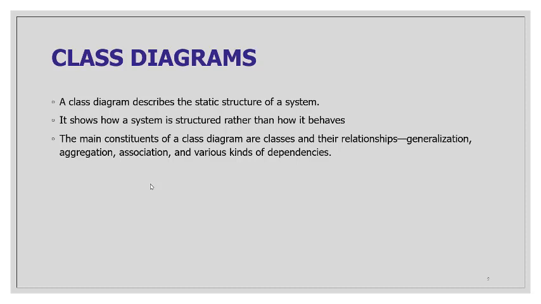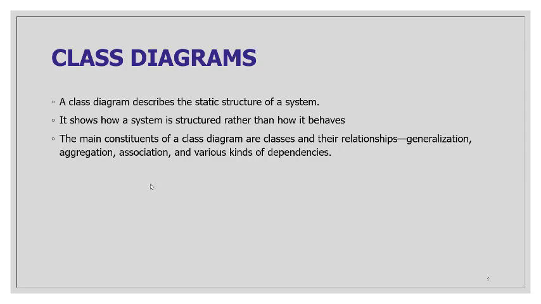The main constituents of a class diagram are classes and their relationships like generalization, aggregation, association, and various kinds of dependencies are shown through this class diagram.